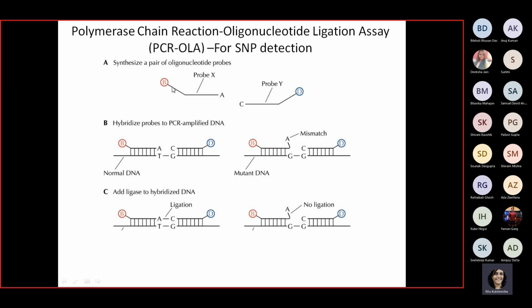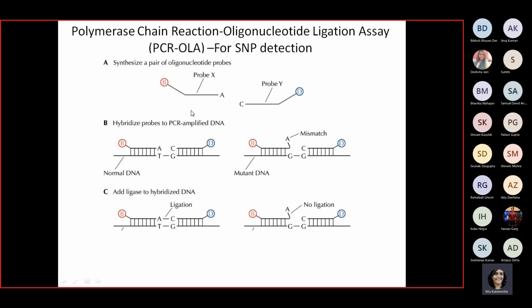One probe ends in A, which corresponds to the wild type allele, and another probe they have designed from the other end of the region that we are interested in, and it ends in the normal base C, which is just next to the base that we are talking about. Okay.